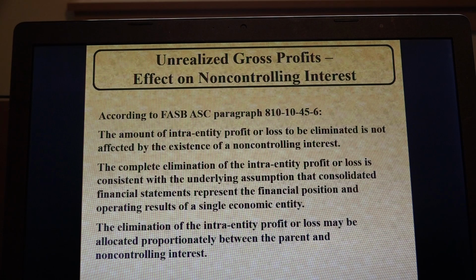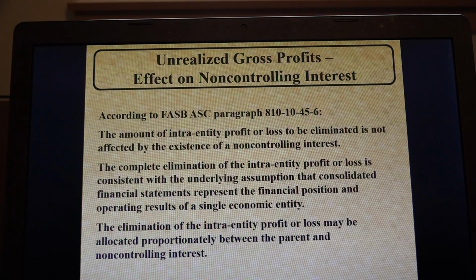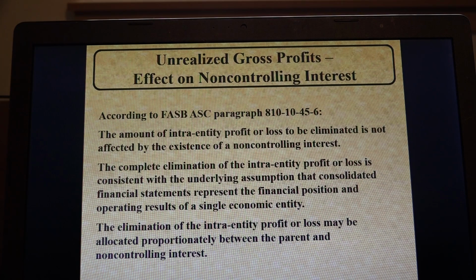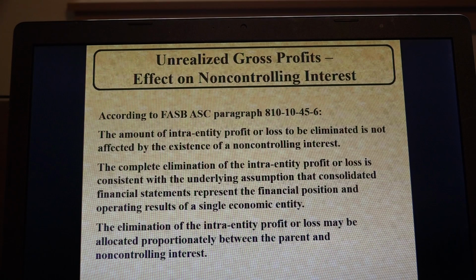And so essentially it says that the amount of intra-entity profit or loss to be eliminated is not affected by the existence of a non-controlling interest, and that this elimination is consistent with the underlying assumption that the statements represent the financial position of the company as a whole, being a single economic entity.